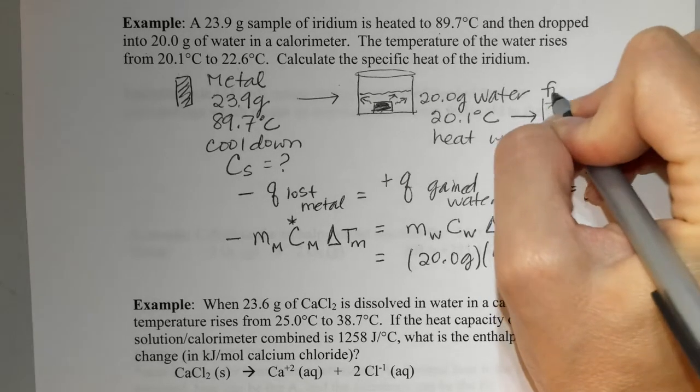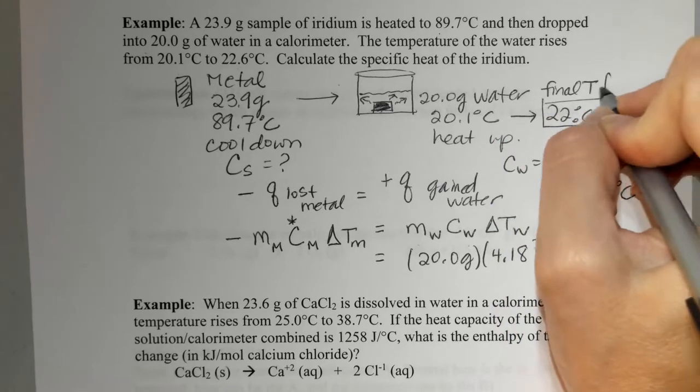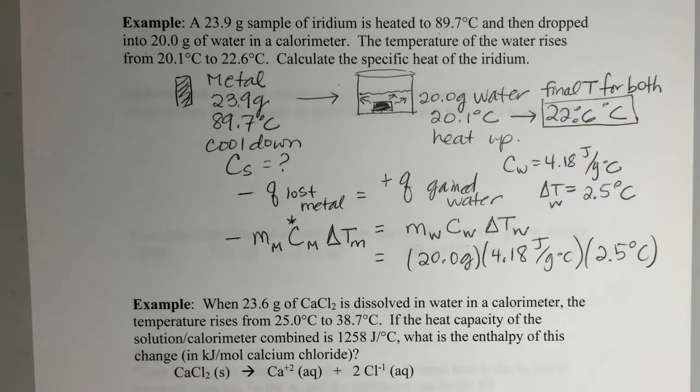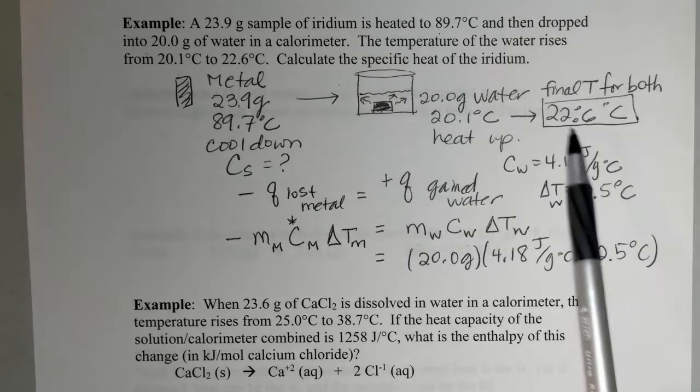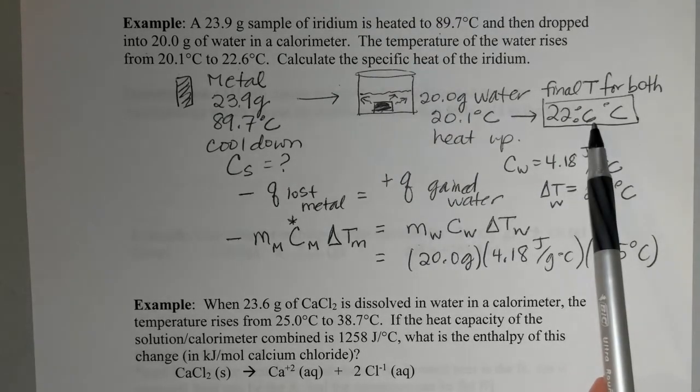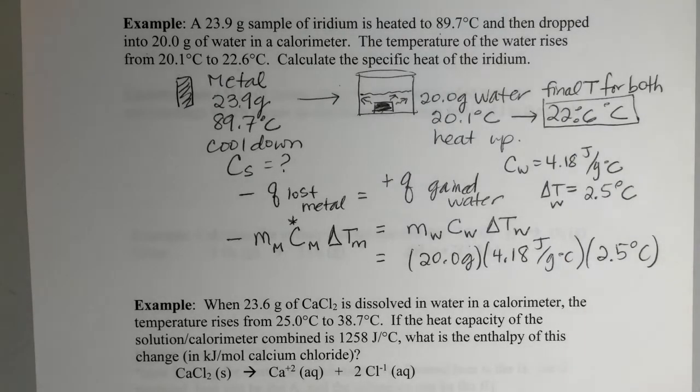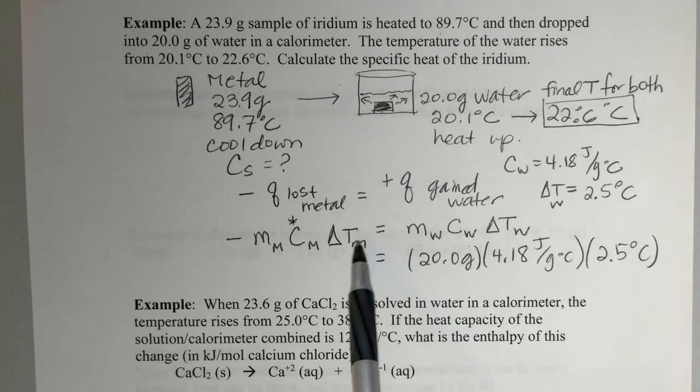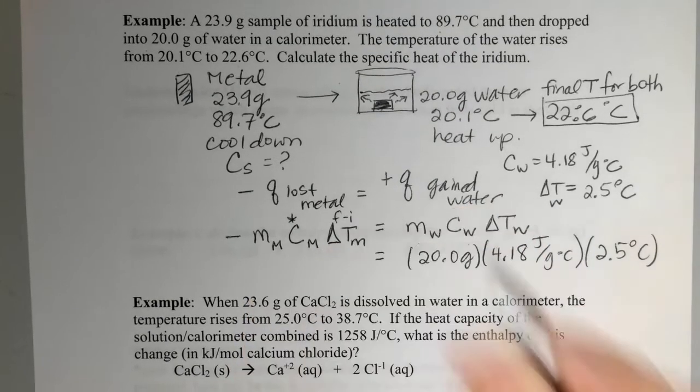This is the final for both substances, because as the metal cools down and the water heats up, at some point they get to equilibrium, right? And so that 22.6 degrees that was measured as the final temperature of the water is also the final temperature of the metal. Now, remember when we take delta T, we do final minus initial.